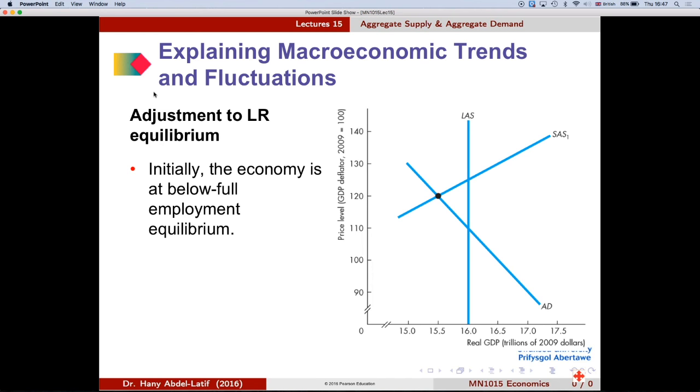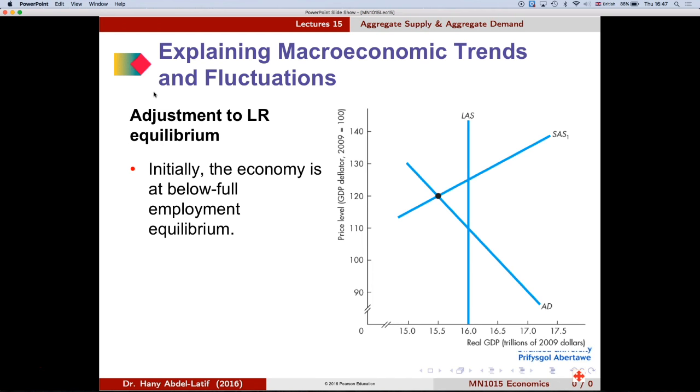So the question now is, if this is the short run equilibrium, where is the long run equilibrium? Remember, the long run equilibrium is where the aggregate demand cuts the long run aggregate supply curve. So this point should be the long run equilibrium.